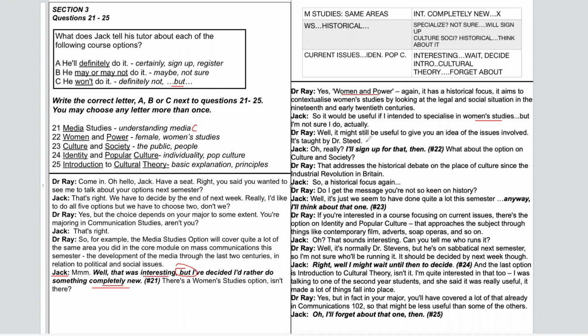But then Dr. Ray continues and says it might still be useful. And so he changes his mind. He says, oh, really? I'll sign up for that then. And so sign up, our synonym here for definitely do it, shows that he will do it. So 22 would be A, despite the listening suggesting otherwise.